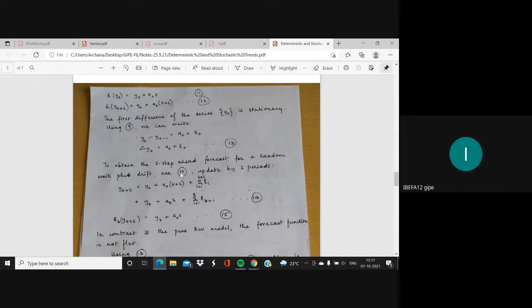But if you take the first difference of this time series, then it becomes stationary. So we'll come back to this part a little later, that taking the first difference makes it stationary. So if you took that first model, the first equation that we had written for the random walk plus drift, and you bring yt minus 1 to the left hand side, you're basically taking the first difference.